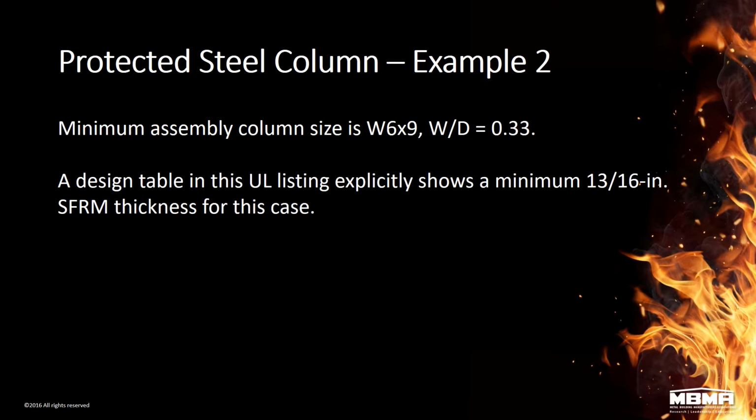So let's say we have a very small column, W6 by 9, with a W over D ratio of 0.33. We'll use a UL listing that will show 13/16 inch SFRM, or spray-on fire resistive material thickness for this case.